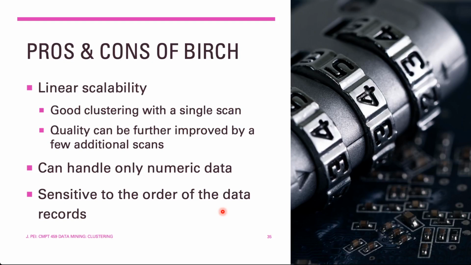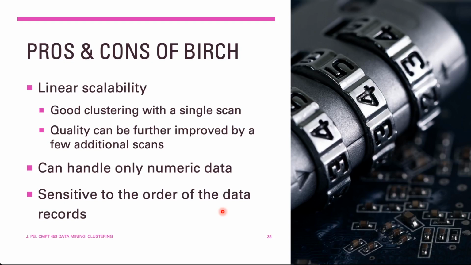Indeed, BIRCH was proposed even before the term data stream was proposed. Therefore, BIRCH can be regarded as one of the earliest streaming algorithms. If you have more time and more resources to scan the database multiple times, you can employ those further scans to improve the quality of the clustering.